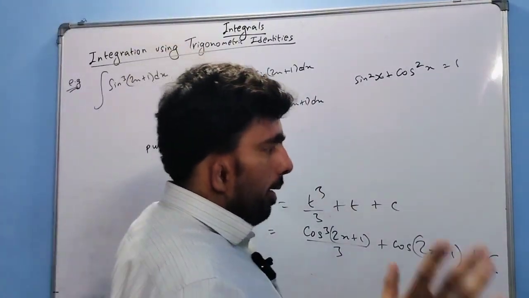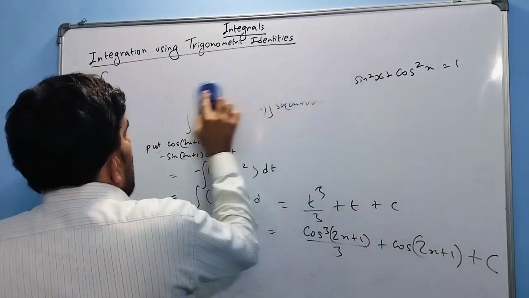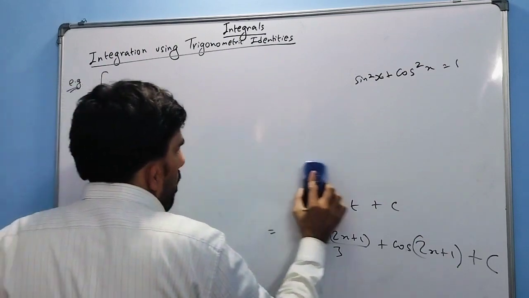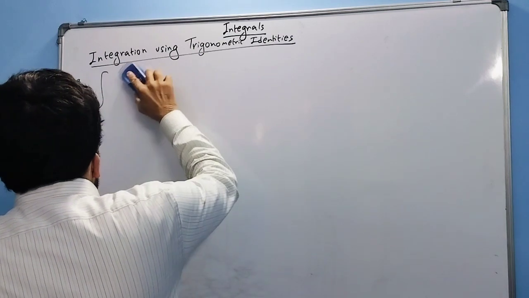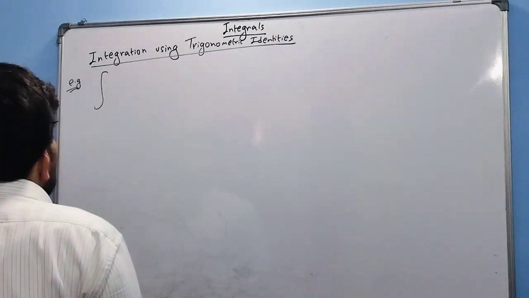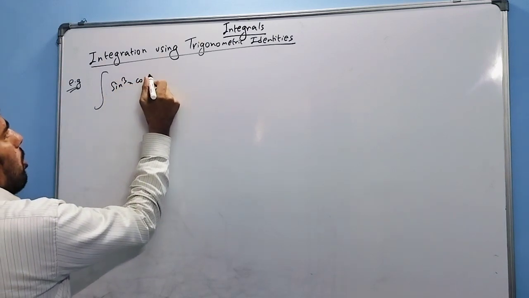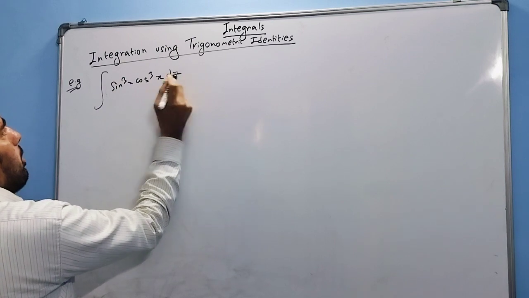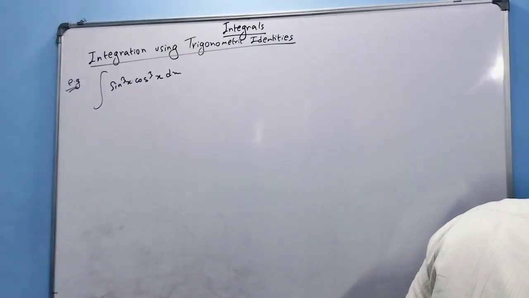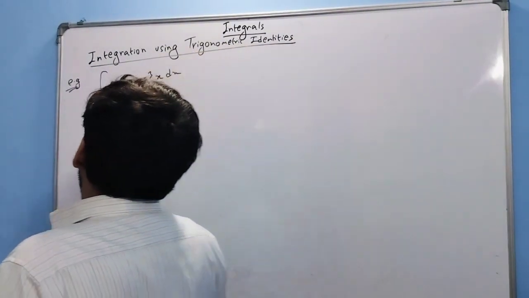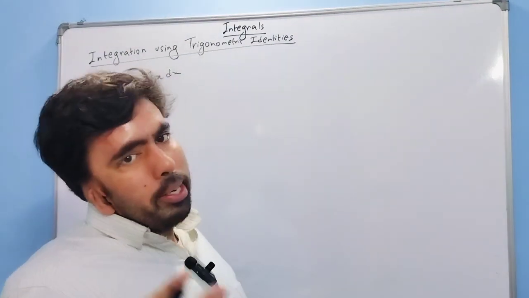Now we'll try to solve the next numerical. We have integral of sine cube x cos cube x with respect to dx. Let us see how we can integrate this numerical using trigonometric identities.